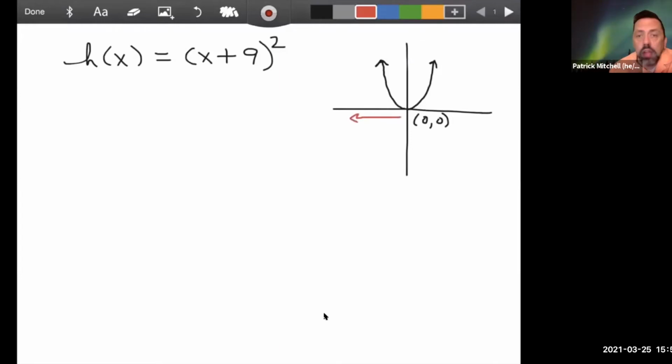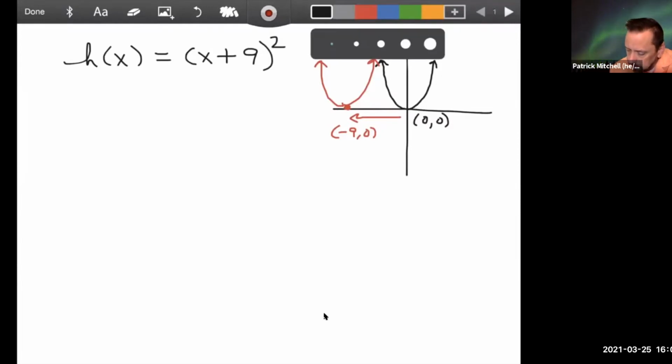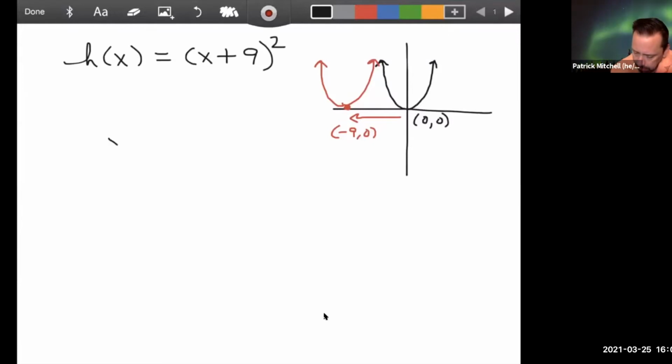Okay. So that means the vertex of the new parabola is going to be at -9, 0. And then it's going to go up like this. It's going to have the exact same shape as the original parabola. So my suggestion, and you're going to hear me say this again when we get to objectives 4 and 5, just so you know exactly which points to plot, you can make a little table.